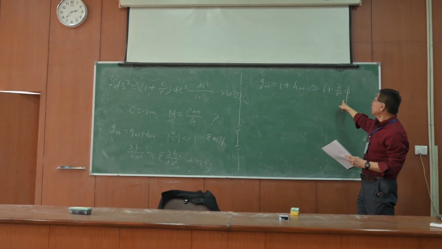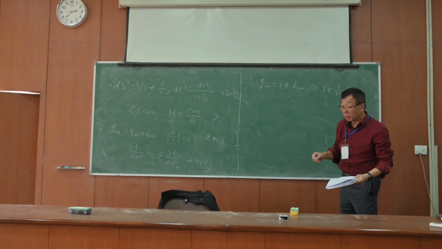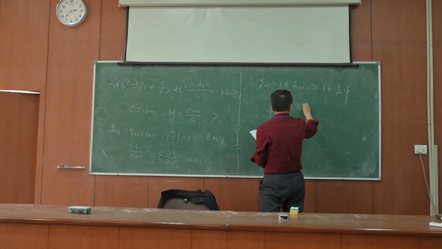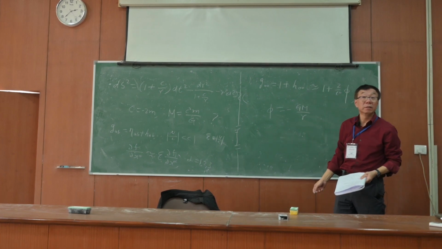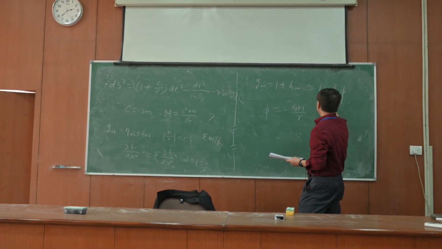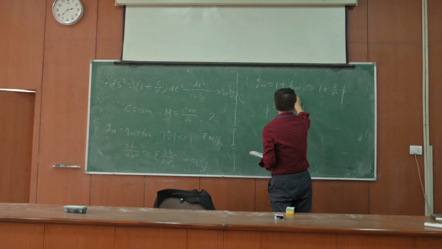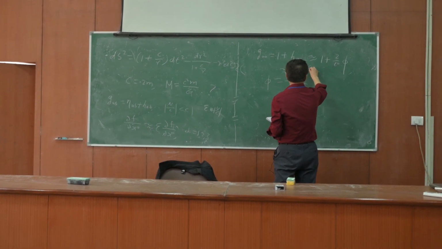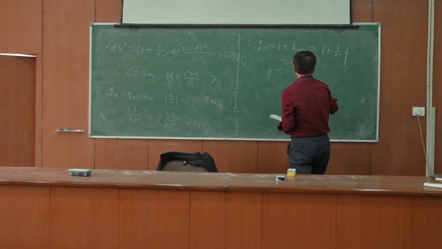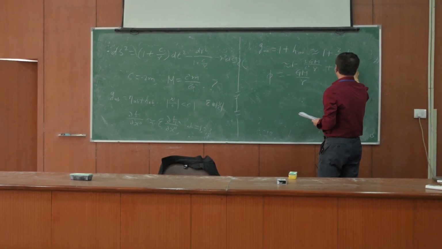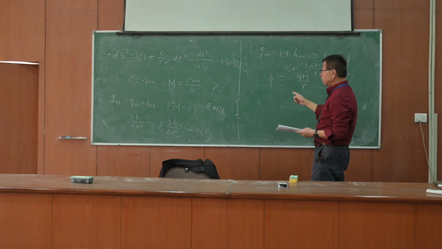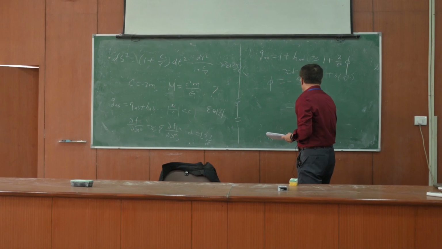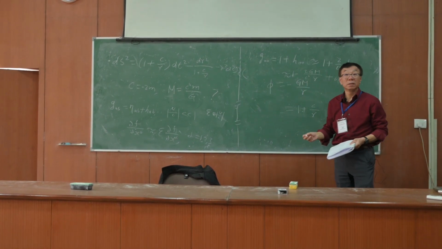So you have this one. Now we know for a point particle, the Newtonian potential equals minus G M over r, right? So if I put it there, this equals 1 minus 2 G M over c squared r plus higher-order terms. We also know g_00 equals 1 plus c_r over r.